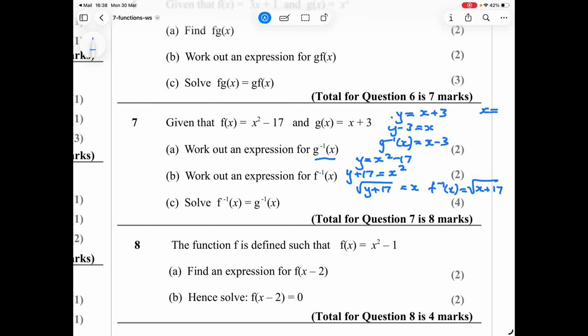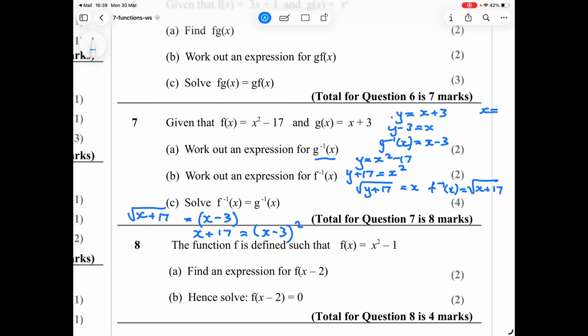Okay, now we've got to solve if f to the minus 1 of x equals g to the minus 1 of x. So what we do is we say root x plus 17 equals x minus 3. Now we're going to have to square both sides for this to work. So we're going to do that, and we're going to get x plus 17 equals x minus 3 squared.